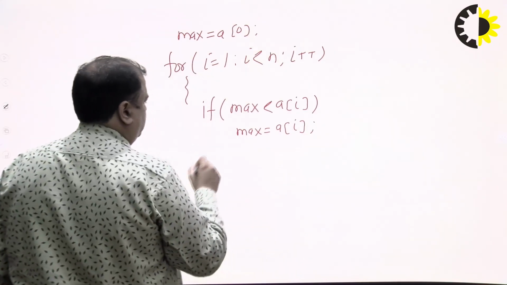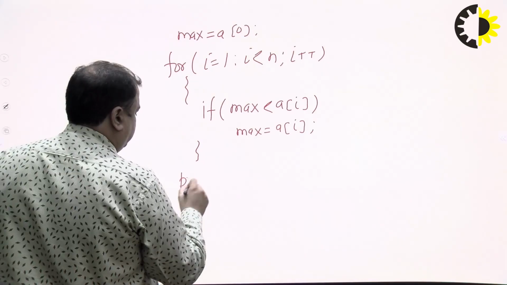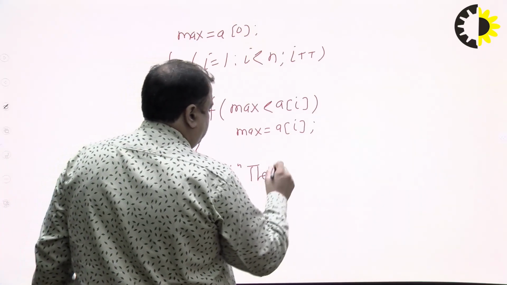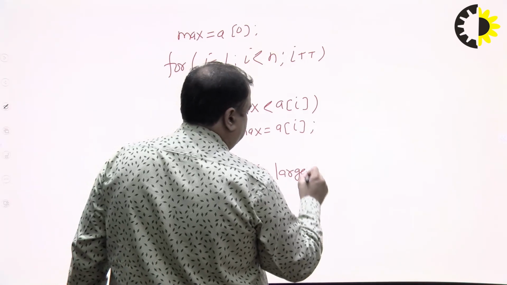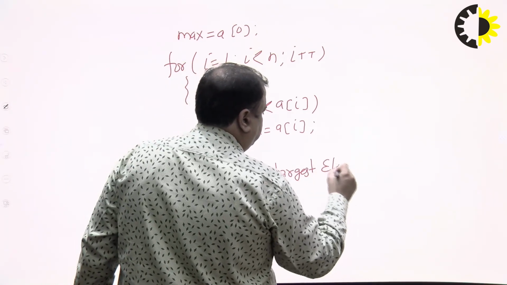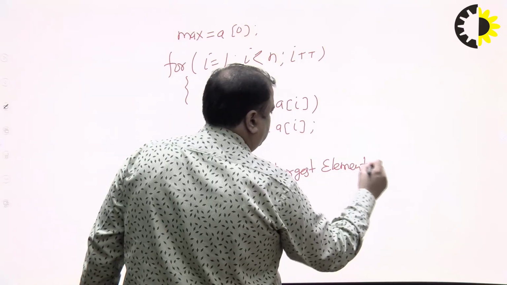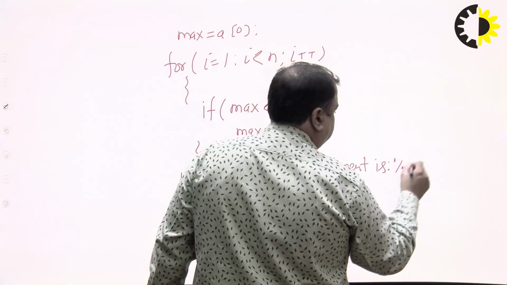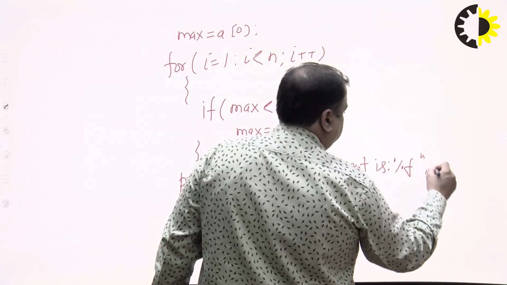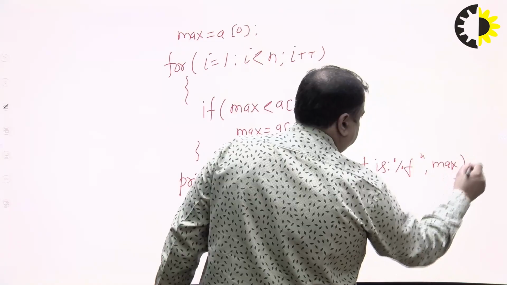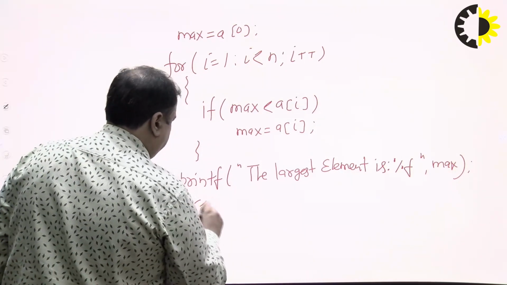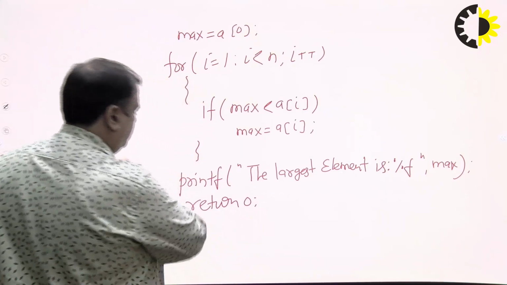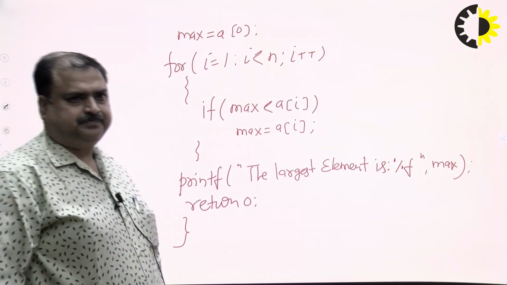So we have stored this final, and after that we can display with printf "the largest element is %f", which is the largest element, max, and this is the final. So we will use return 0 and close the main function.